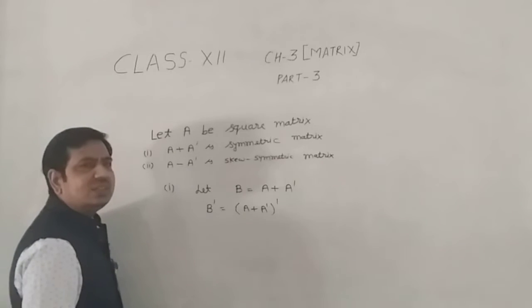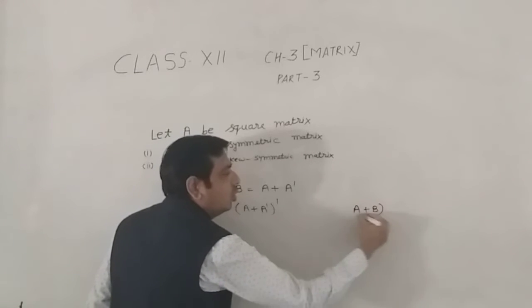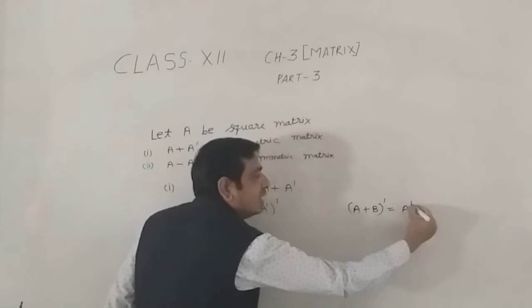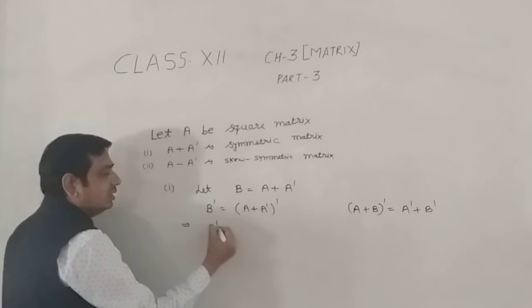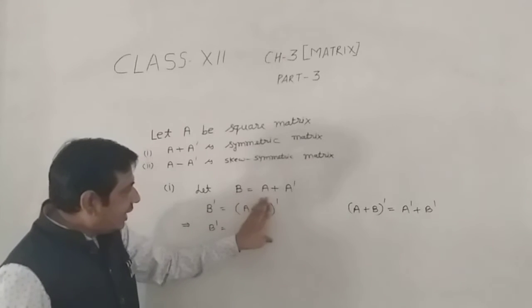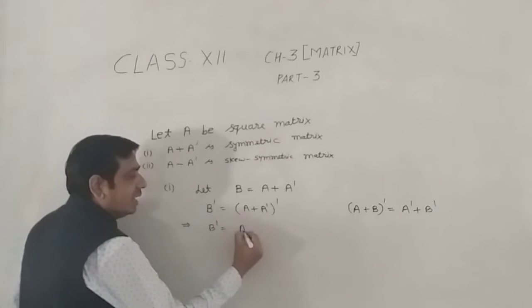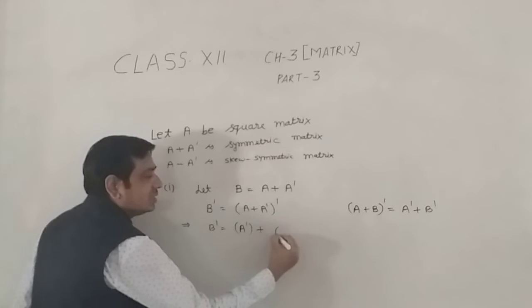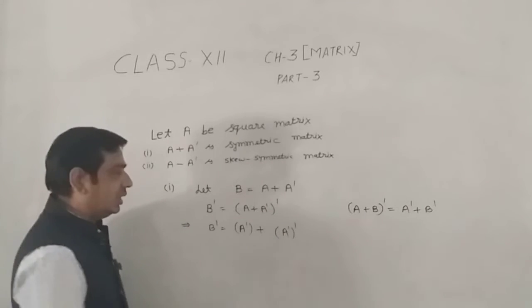Now class, it is the property of transpose that A plus B whole dash is equal to A dash plus B dash. So apply this property here. It is your A and it is your B. Then this becomes A dash plus A dash dash.